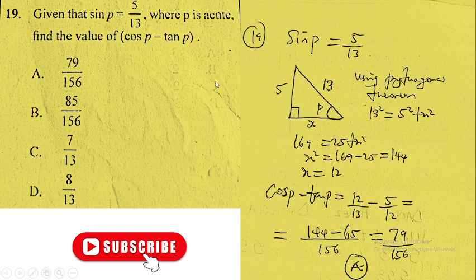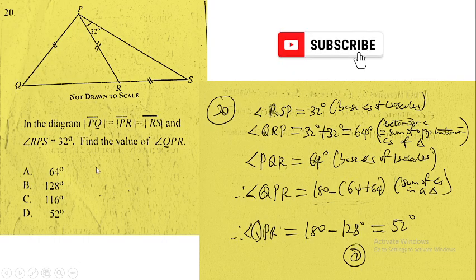Let's go to question number 20. Question number 20 is also on plane geometry. That is the theorem we have on triangles, most especially that of the isosceles triangle.